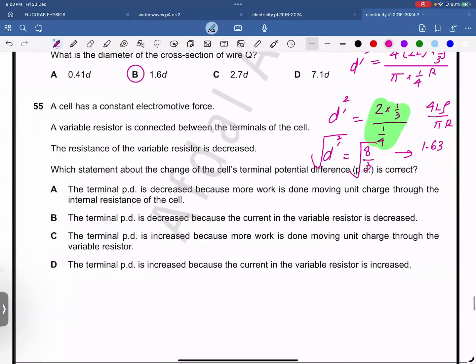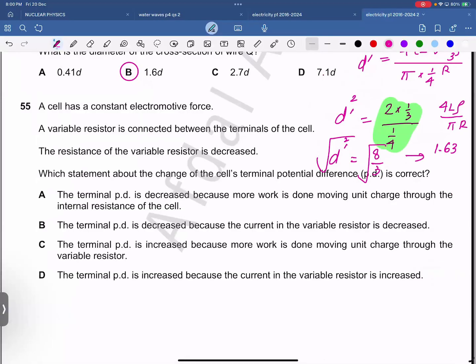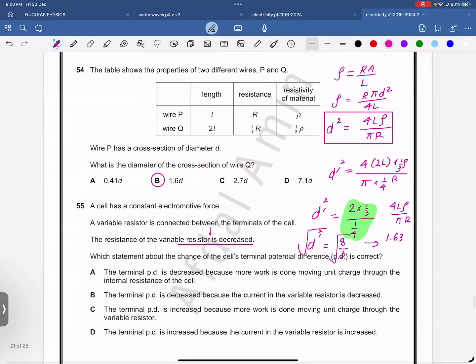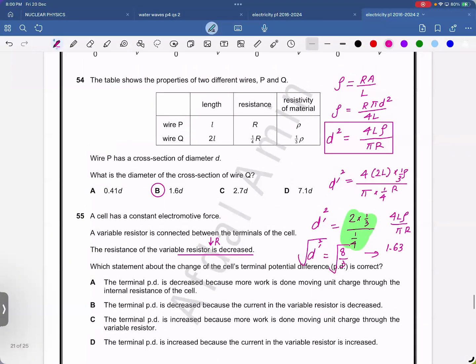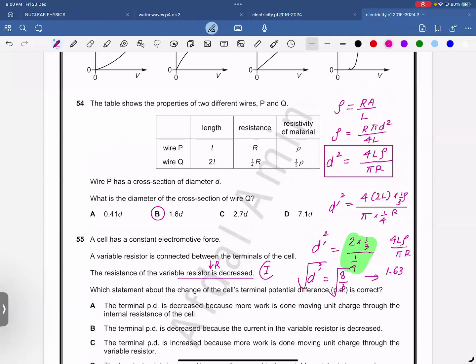Question 55. A cell has a constant EMF. A variable resistor is connected between the terminals of the cell. The resistance of the variable resistor is decreased. When the resistance is decreased, total resistance of the circuit will be less. So it means current in the circuit will be more. So more current means PD loss in internal resistance will also be more.